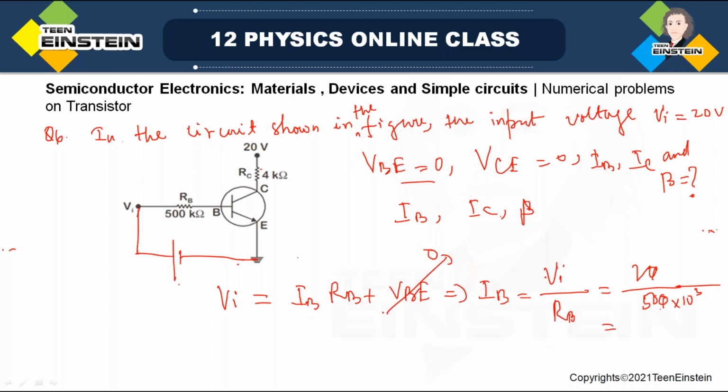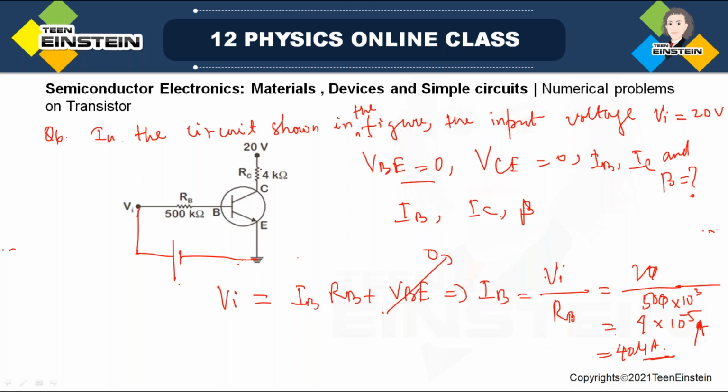Let me write this as 10 to the power minus 5, and this is 4 into 10 to the power minus 5, that means 40 microampere. Base current is generally in the microampere order, not a milliampere order. So 40 microampere.